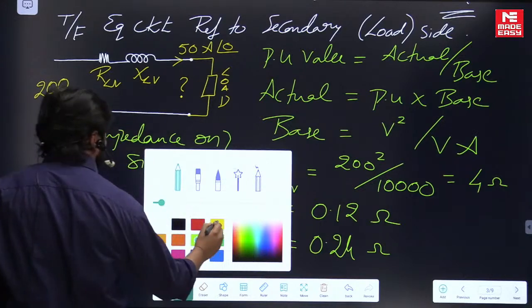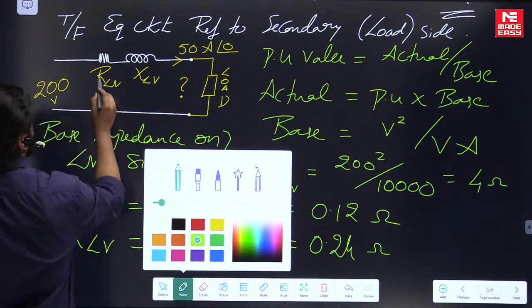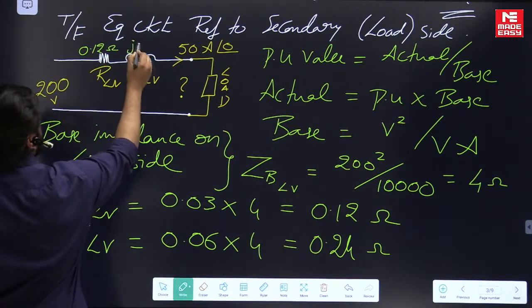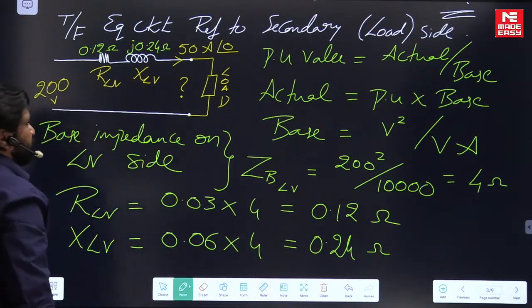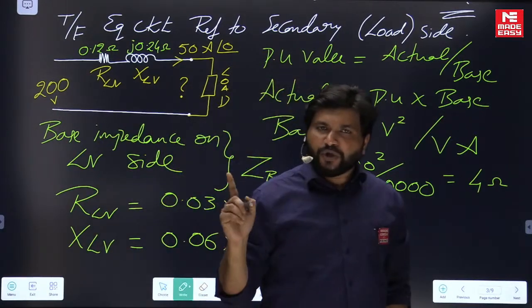So RLV is 0.12 ohms. In this way also you can calculate.